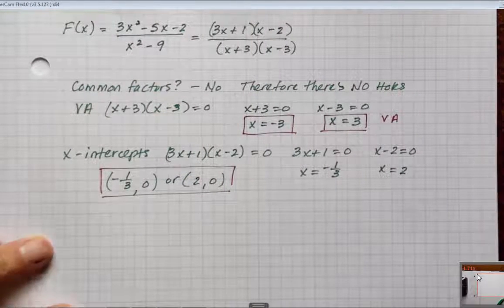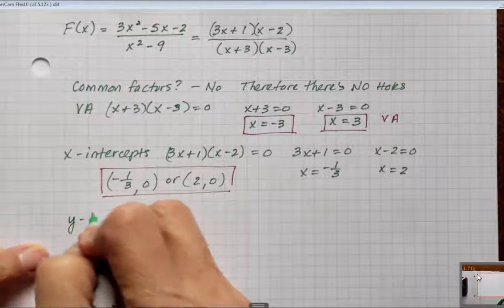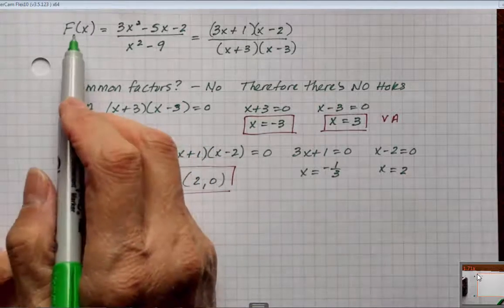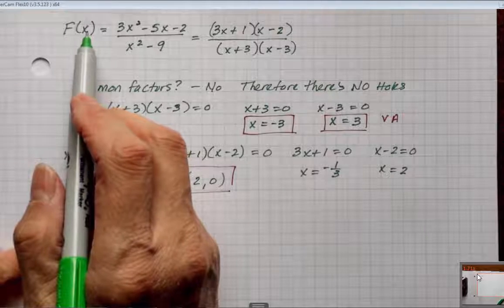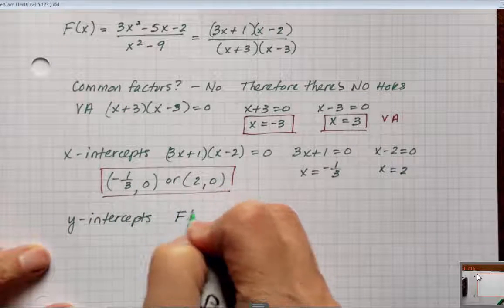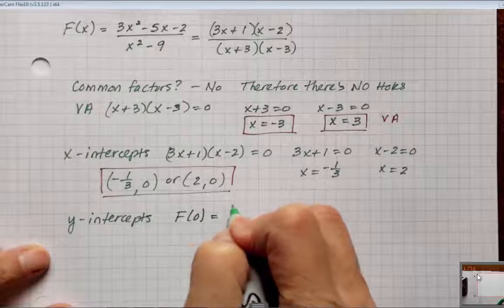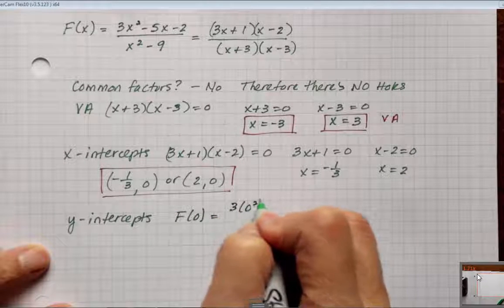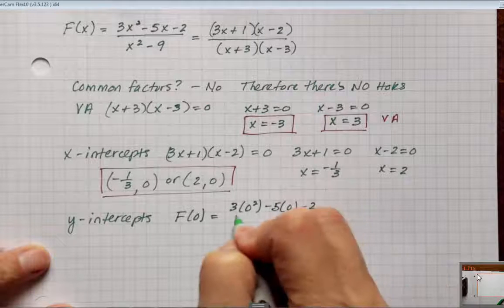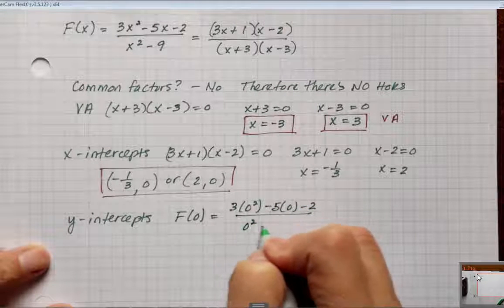Next are the y-intercepts. The y-intercepts are found when we take the original function and put in a 0 wherever we have an x. So I'm going to put in 0 for x, and I end up with 3 times 0 squared minus 5 times 0 minus 2 over 0 squared minus 9.